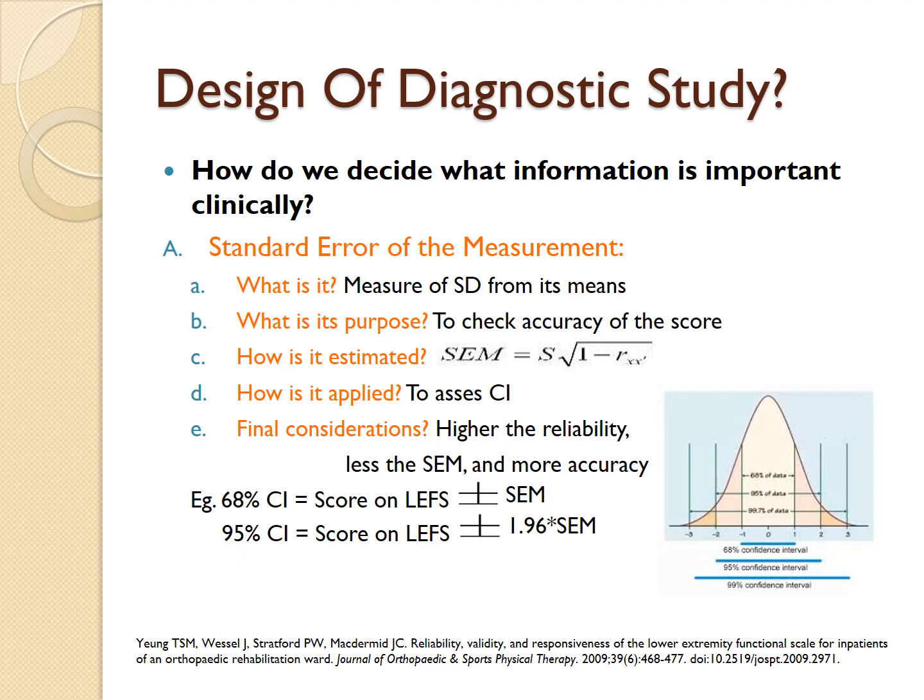And a 95% confidence interval is almost two standard deviations, but if you want to be very precise, that is 1.96 standard deviations to the left of the mean and 1.96 standard deviations to the right. So we use the standard error of measurement to calculate the confidence interval.